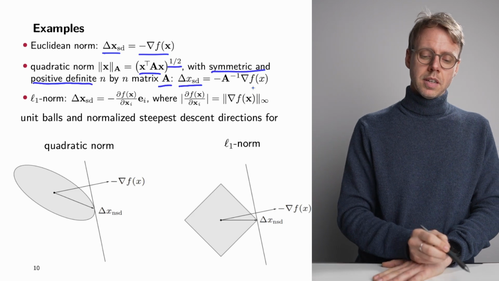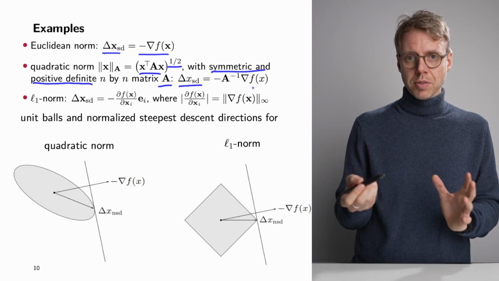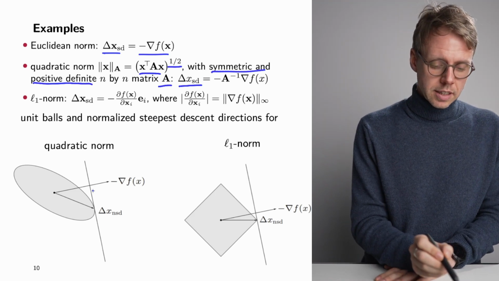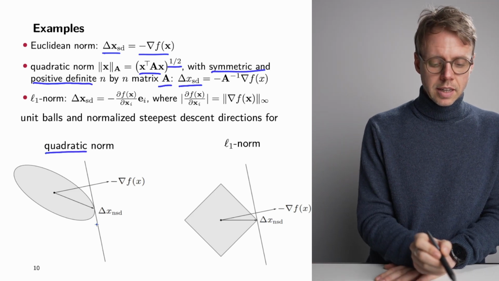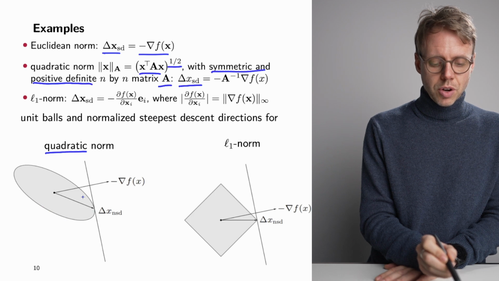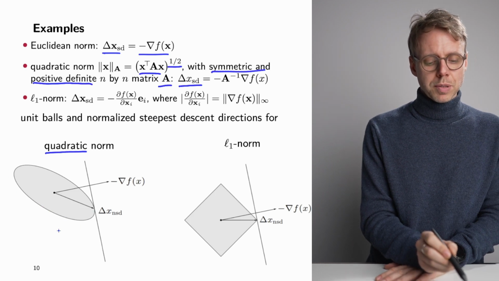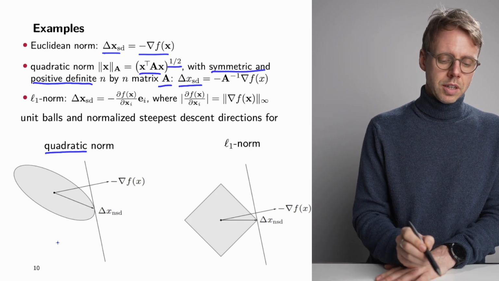Generally, if we look at these quadratic norms for some arbitrary matrix A, the level sets of those norms correspond to ellipses.